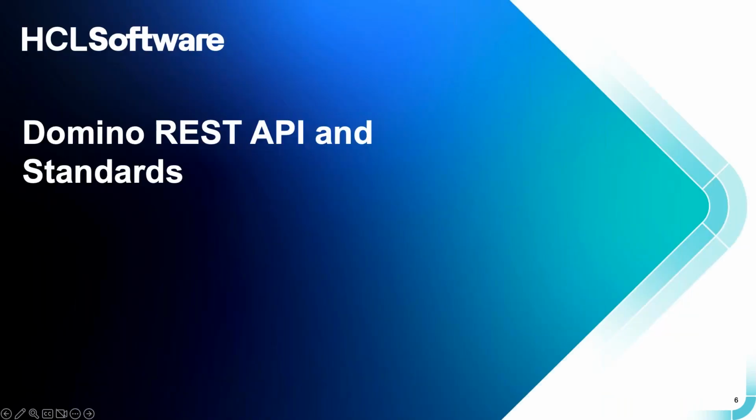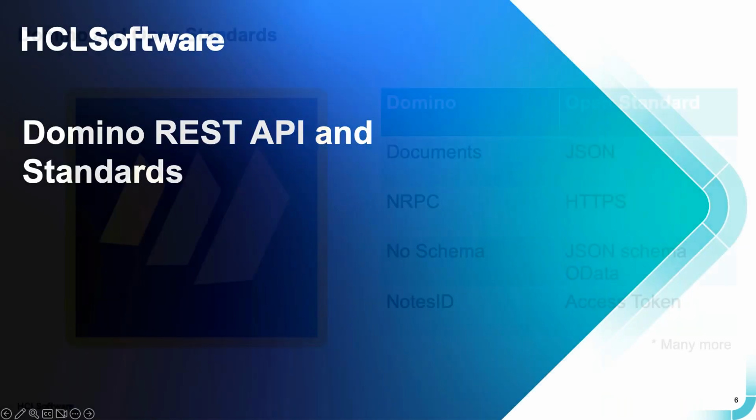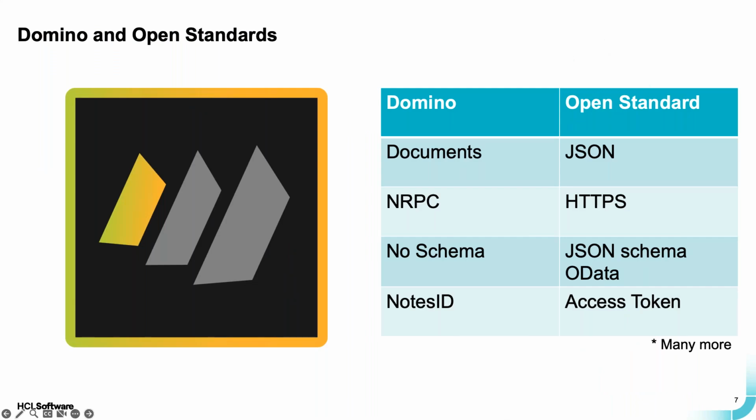So as I mentioned, there's a lot of standards and they differ between how Domino has evolved and how the rest of the web has evolved. So in terms of Domino, the data is stored as documents, and that's how we understand them. When it comes to REST API access, REST API is dealing with JSON objects.